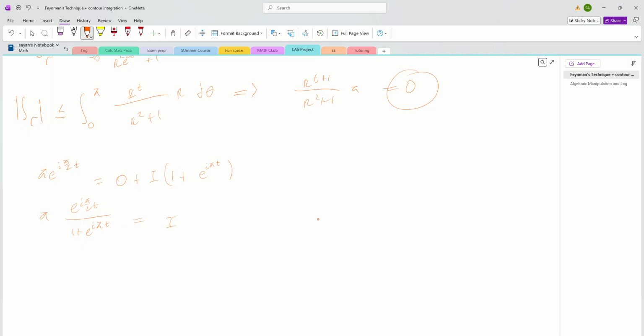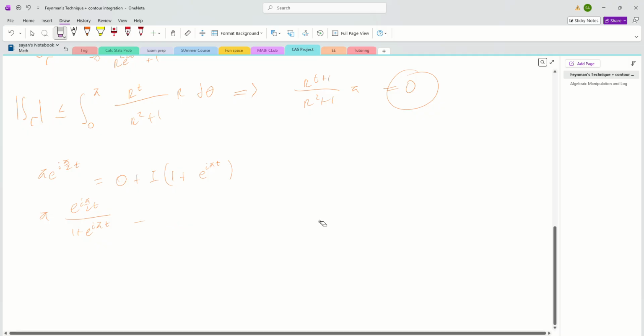And now we were going to differentiate this, right? But this is kind of ugly. I'm thinking if we multiply the top and bottom by e to the i negative pi over 2t, right?